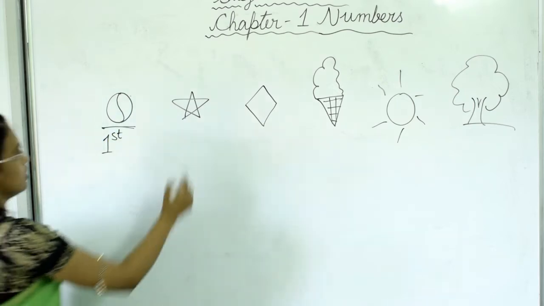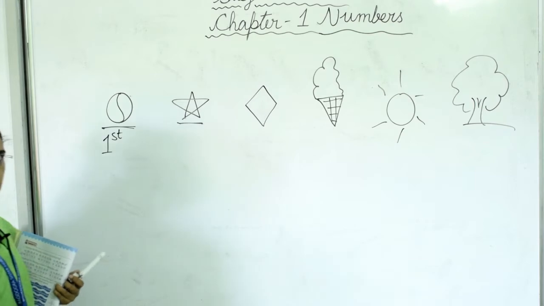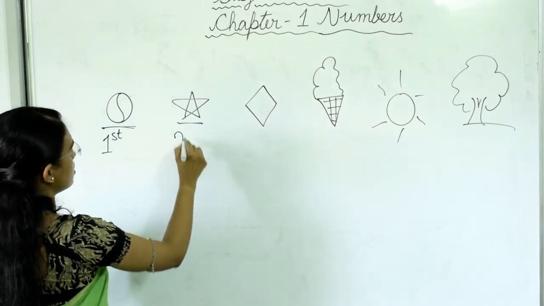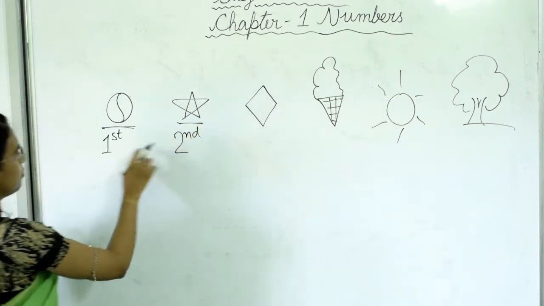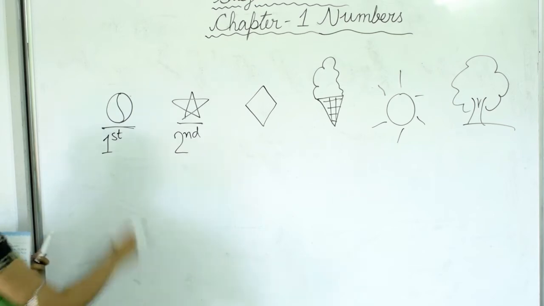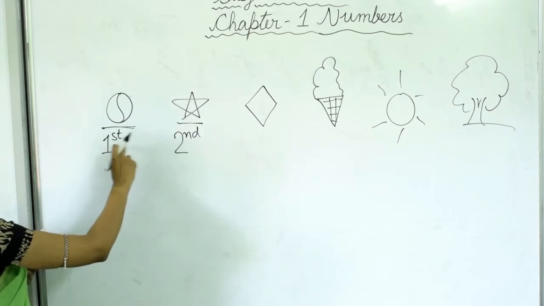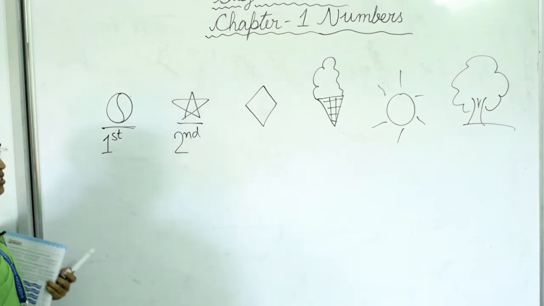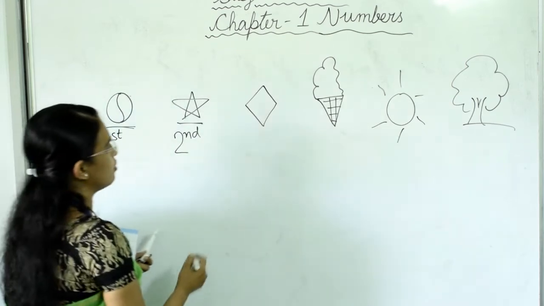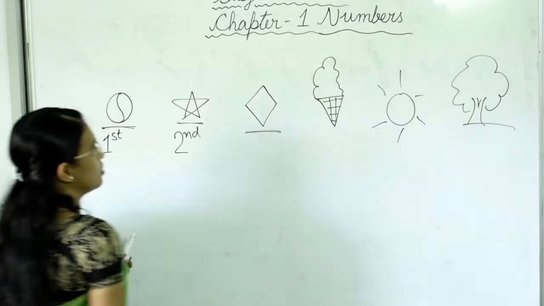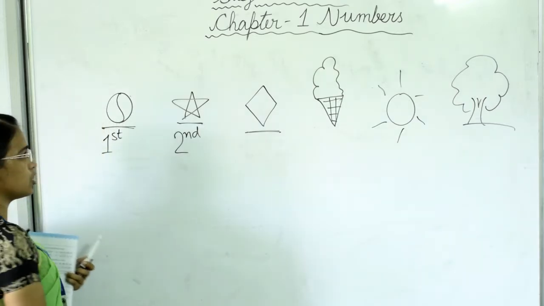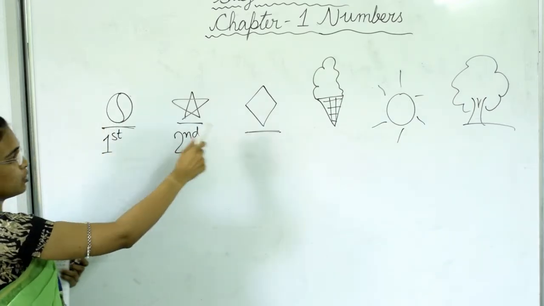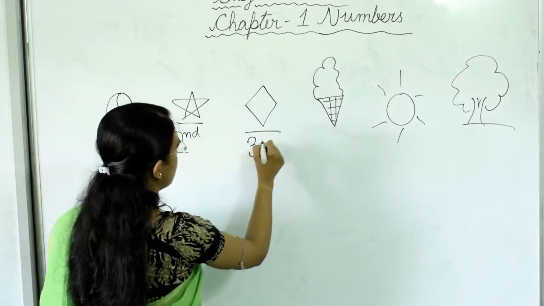position, right? Star is in which position? Yes, it is in second position after the ball. Which picture comes after the ball in this row? Star. That means star is in second position. And diamond is in which position? This is first position, this is second position, and diamond is in third position.